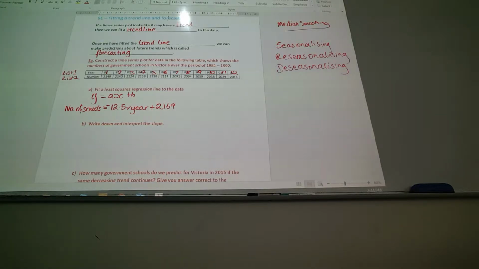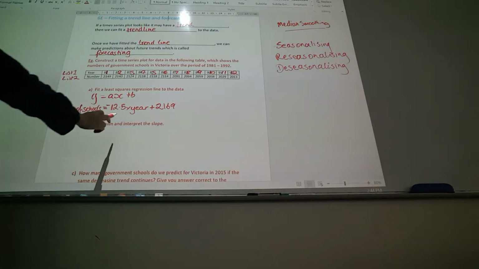How do you find the equation? So just like normal, put your regression line in. Yep. You don't need a copy. Oh, okay. Cool. Anyone not get this?